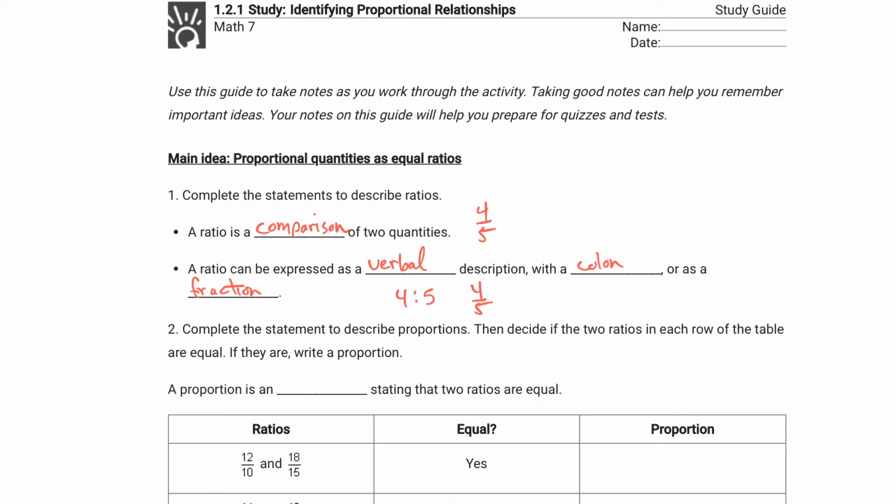Okay. Complete the statement to describe proportions, then decide if the two ratios of each table are equal. If they are, write a proportion. So a proportion is an equation saying the two ratios are equal.